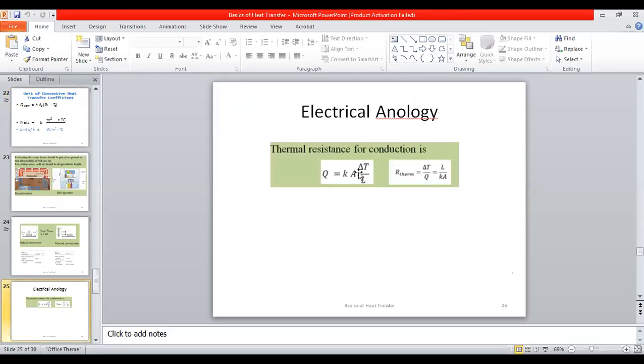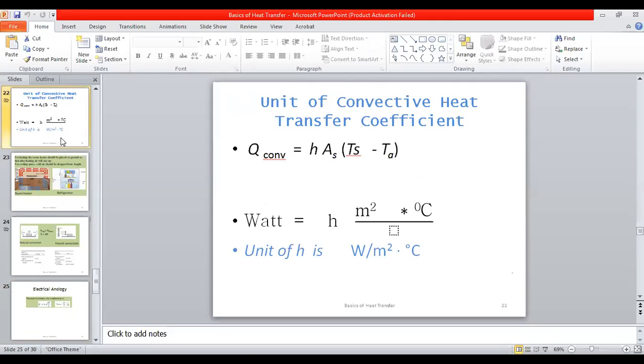Here delta T, here Q, means L by K is nothing but the thermal resistance for conduction. Similar to that, if delta T upon Q shifts, Q shifts here, delta T on the numerator side and Q on the denominator side, then what will be on the left side after rearrangement?